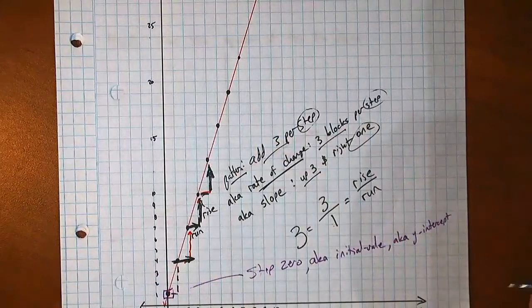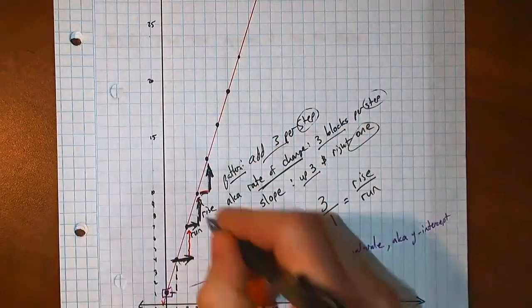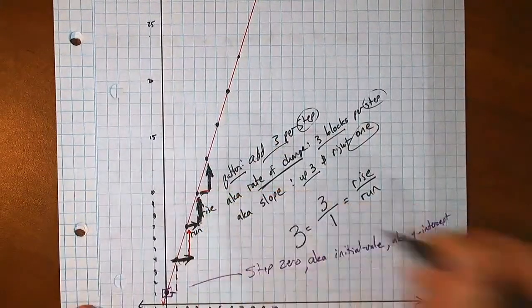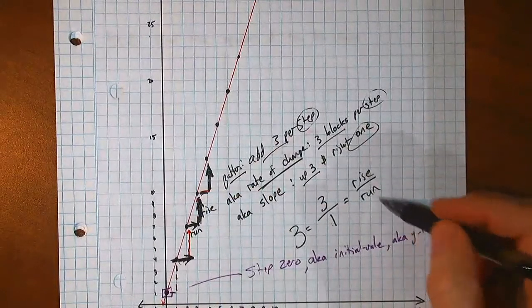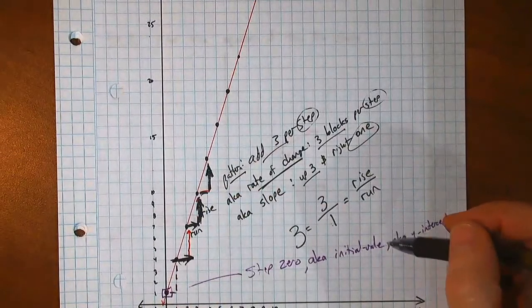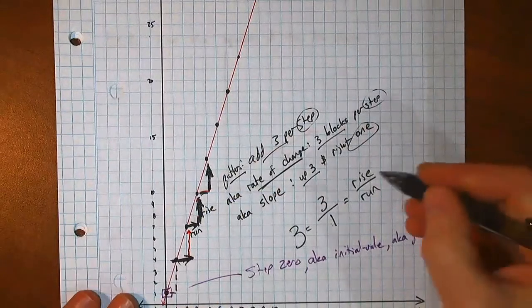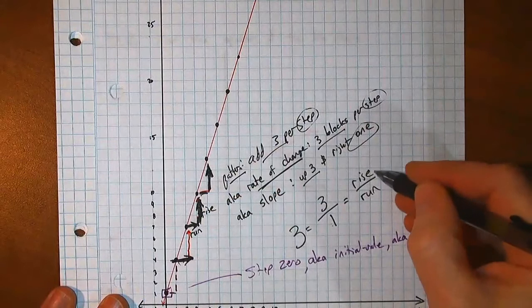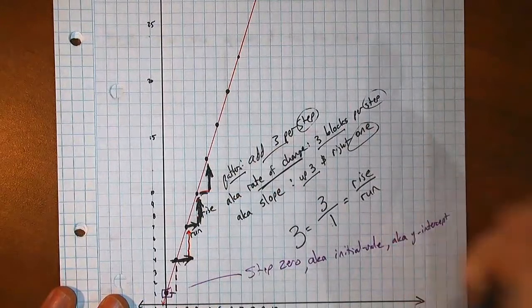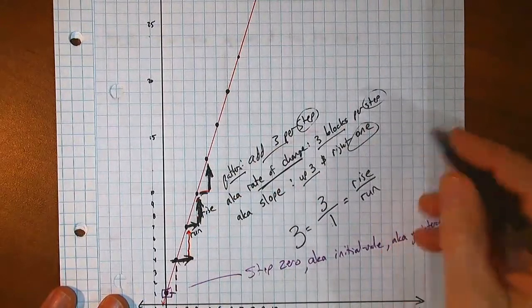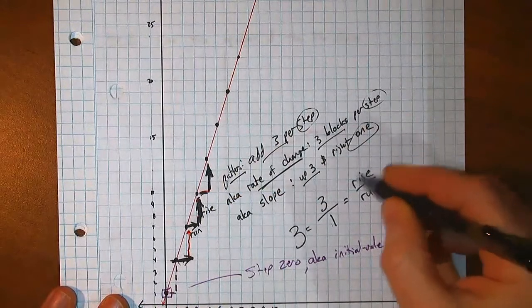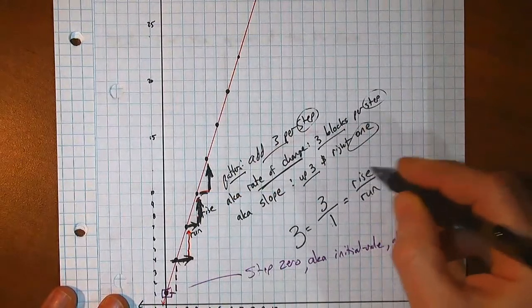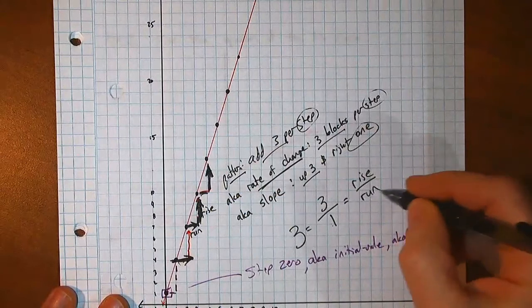Rising up is going up. So my run goes across and my rise goes up. Okay, and it's rise over run. In the morning when you're sleeping, you have to rise up out of bed before you can go run. So the rise is going on top, rise first, and then you run. Up is on the top of the fraction. So rise up, then run.